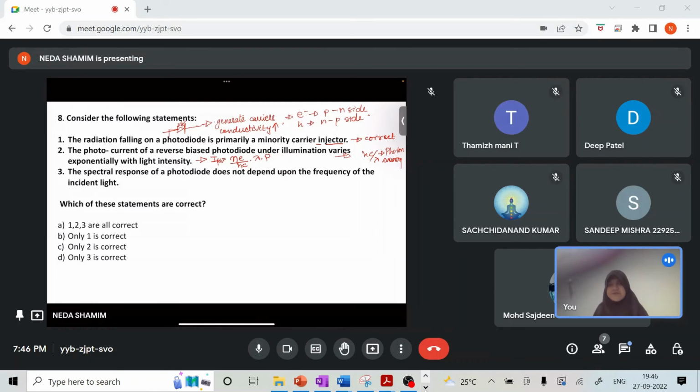So in no way can we see that this photocurrent is varying exponentially with the intensity. So this statement is incorrect.